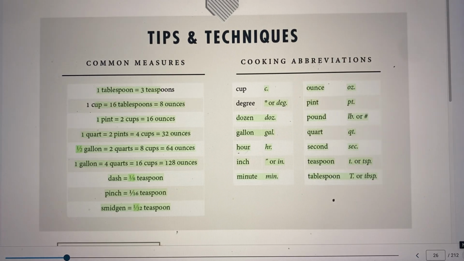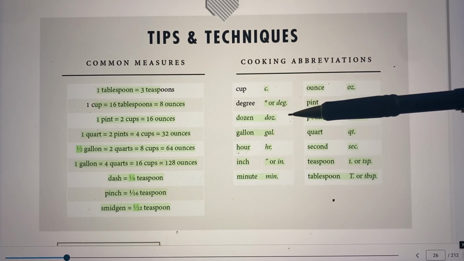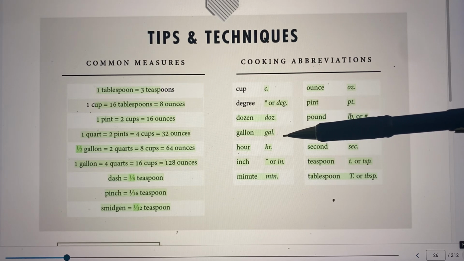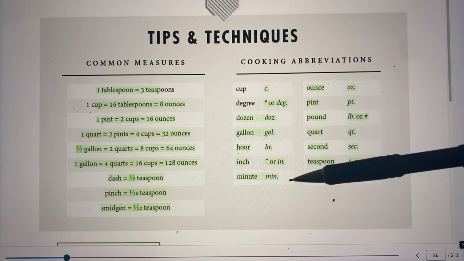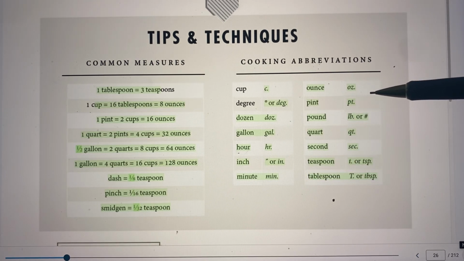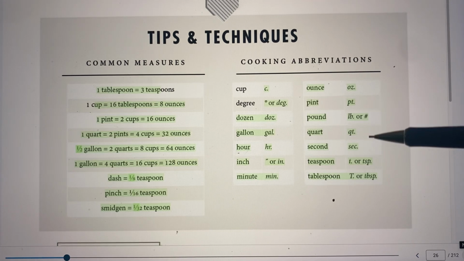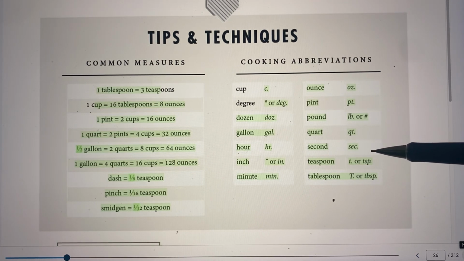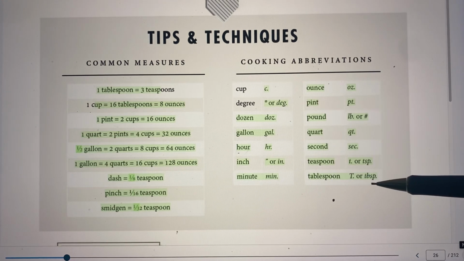And here are some abbreviations. The abbreviation for cup is C, degree is the little degree mark, dozen is DOZ, gallon is GAL, hour is HR, inch, minute is MIN, ounce is OZ, pint is PT, pound is LB or the pound number sign on the keyboard, quart is QT, second is SEC, teaspoon is a small t or TSP, and tablespoon is a large T or TBSP.